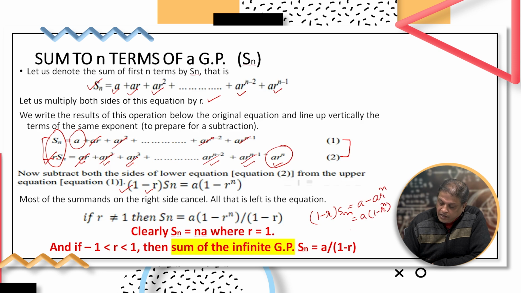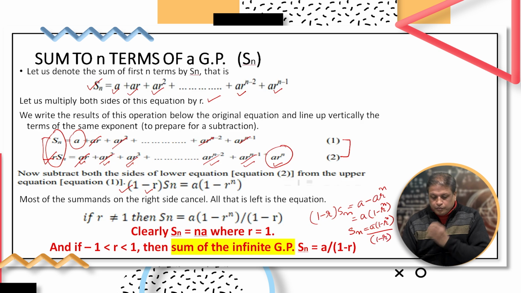That means Sn will be equal to a into 1 minus r to the power n by 1 minus r, and this is nothing but the sum of n terms of the GP, that is a into 1 minus r to the power n upon 1 minus r.